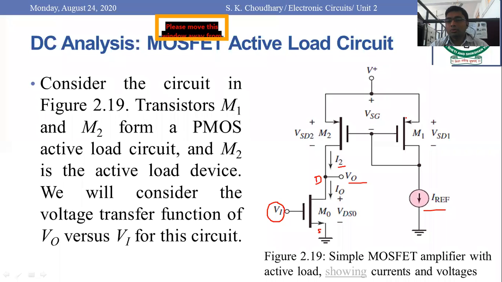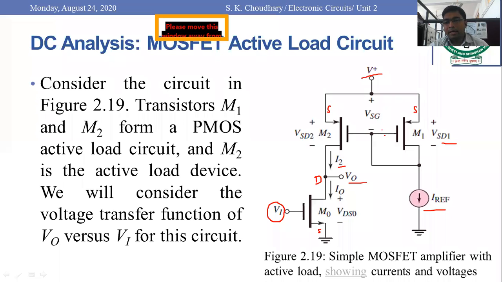The source of M1 and the source of M2 are both connected to the supply voltage, here taken as V plus, and the source to gate voltage is the same for both transistors because both gates are shorted to each other. And here VSD1, the source to drain voltage for the M1 transistor, is the same as VSG. Why?